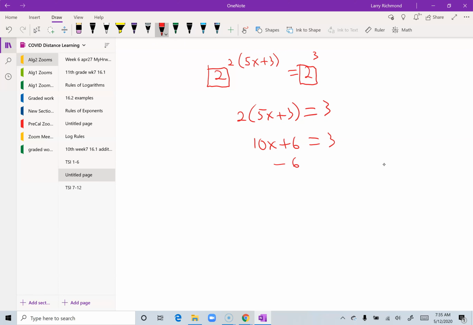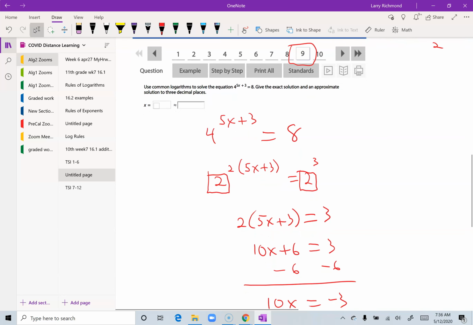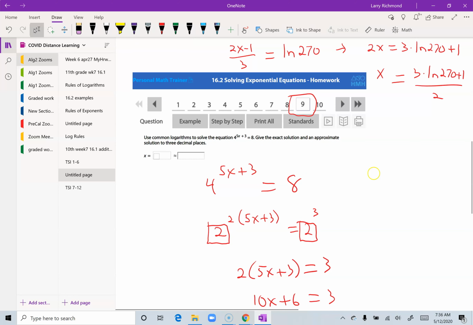Subtracting 6 on both sides, I get that 10x is equal to negative 3. And then dividing by 10, I get x is negative 3 over 10. We should take this negative 3 over 10 and substitute it back in, but it's going to work indeed. That concludes this video.